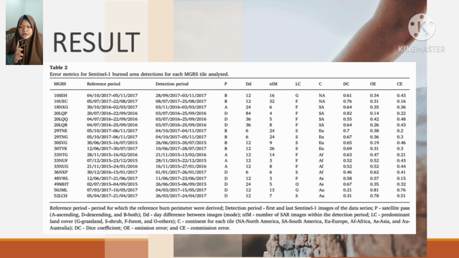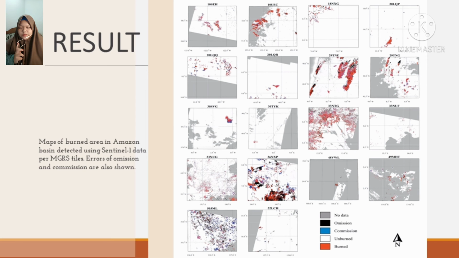This is the result for the error matrix for Sentinel-1 burn area detection, where each MGRS tile was analyzed. It considers reference periods from 2015 until 2017. This is a map of burn area in the Amazon Basin detected using Sentinel-1 data per MGRS tile. Gray consists of no data, which may be from cloud cover, and black is omission.